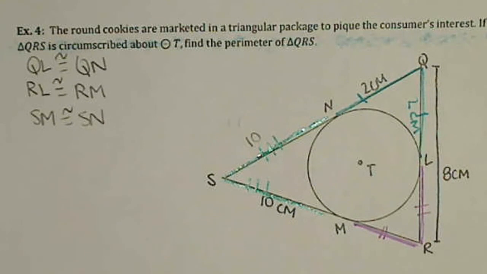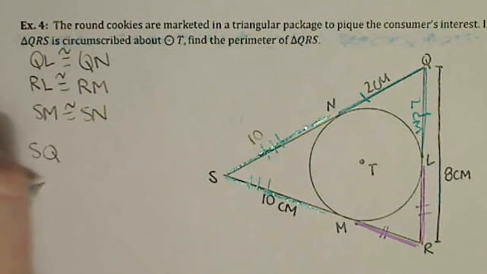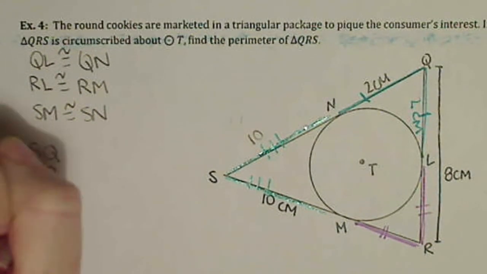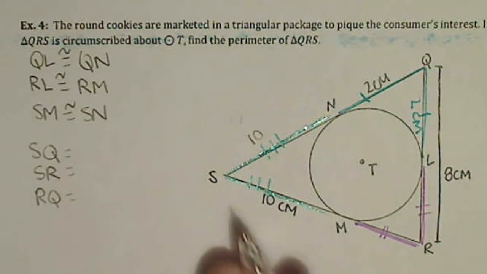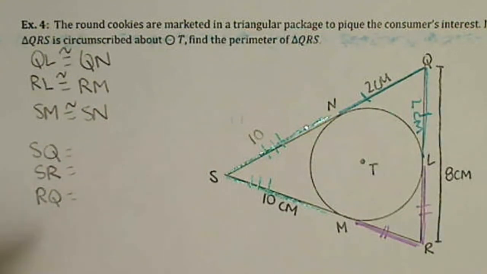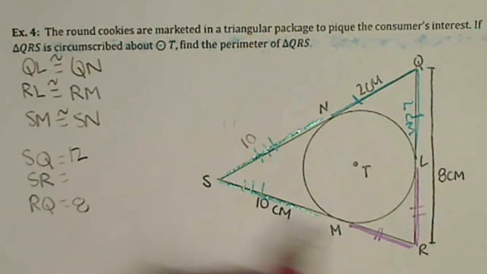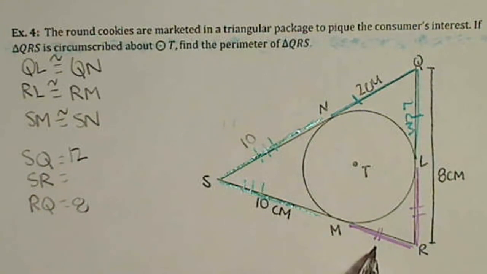Okay, I want to find the perimeter. So the perimeter, I need to add up SQ, SR, and RQ. Okay, SQ right here, 10 plus 2, that's 12. Okay, RQ is 8. But SR, I have 10, but I don't know how long this is. So I need to look over here.